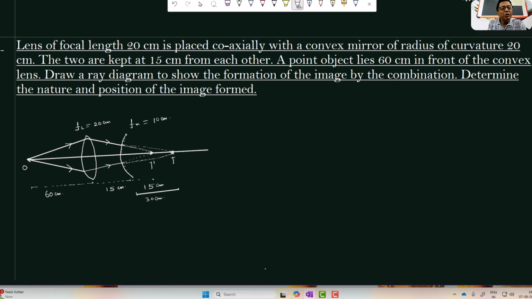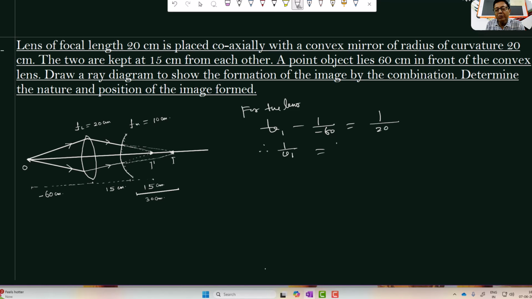For this point object, for the lens, 1 by V minus 1 by U, U will be what? Minus 60, equal to 1 by FL, that is 20.